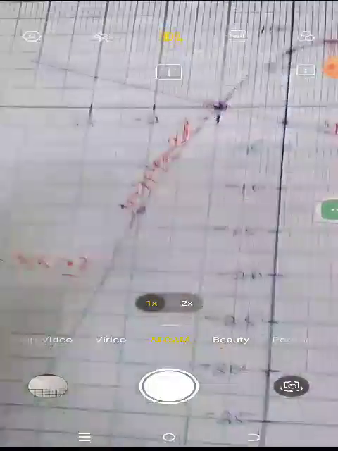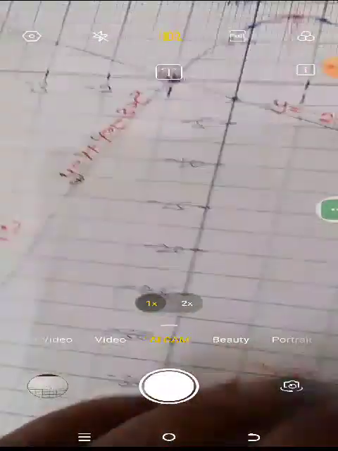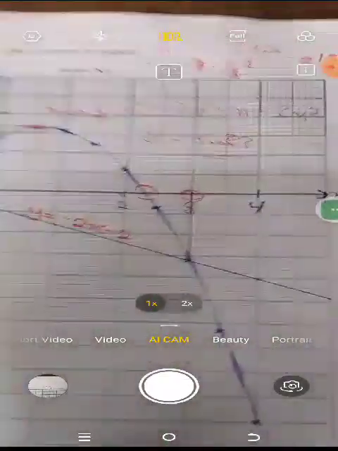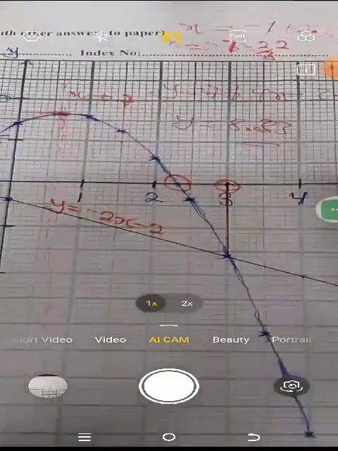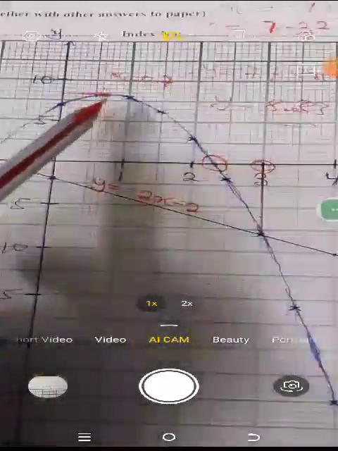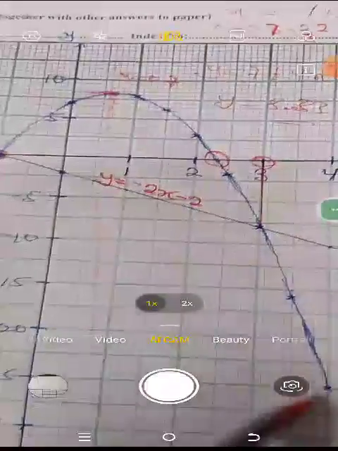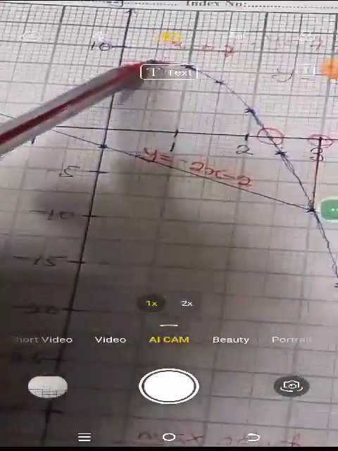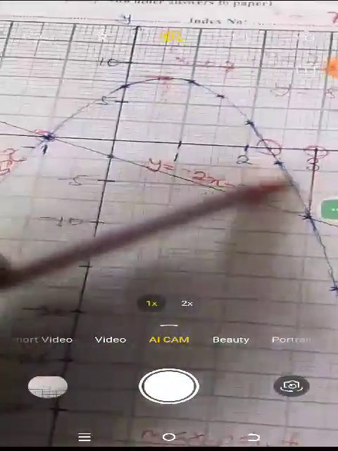Now, when they ask, what is the value of x for which the graph is decreasing? The graph is decreasing, meaning that the graph you've drawn here starts coming down. So when the graph starts coming down, the y starts coming down. That means the values of y are decreasing up to where it comes down here.